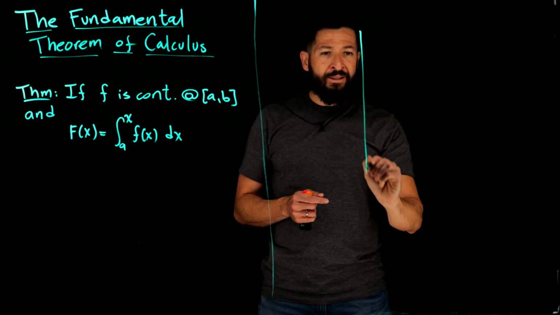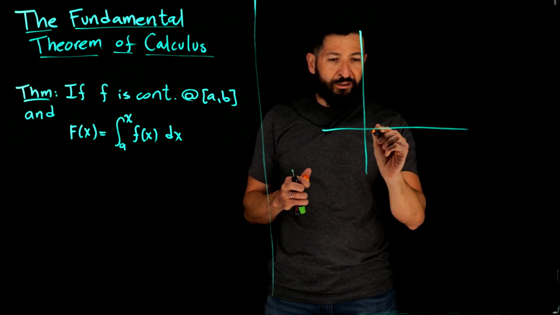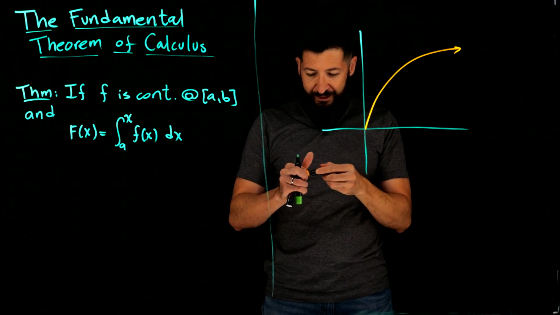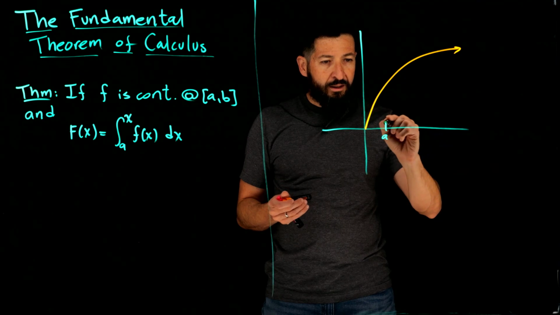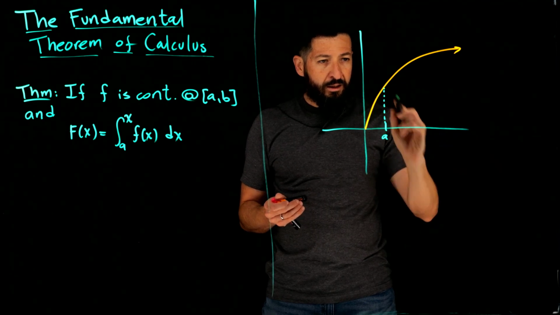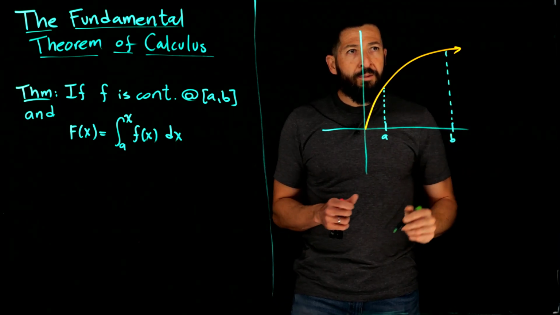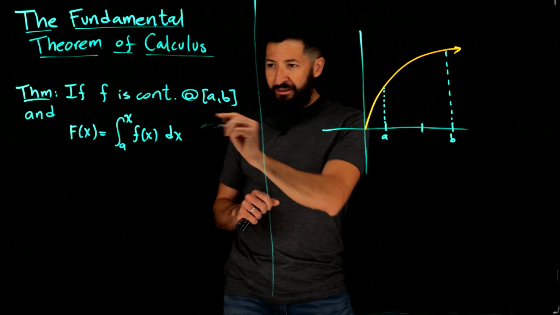So if you have little f, and let's say a is somewhere here. Let's draw the same graph. And we say a is here. And then there's a b here. Okay? X is somewhere in between those. And I'm going to write that here.